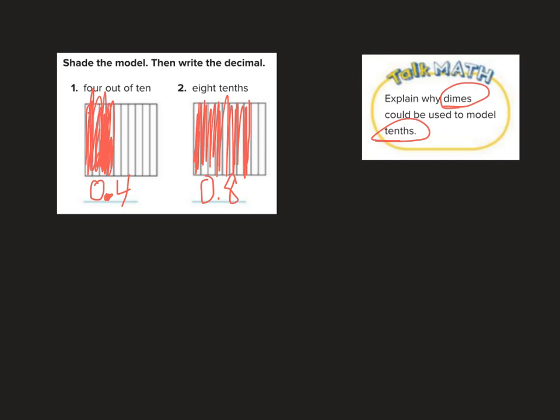Okay, now here it says explain why dimes could be used to model tenths. So here's the deal. How many dimes does it take to make $1? Hopefully you're saying 10, it takes 10, Miss Tamer. Yeah, 10 dimes to make $1. So if we say 1 is the dollar place, then that means this place value right here is the tenths place or the dimes.